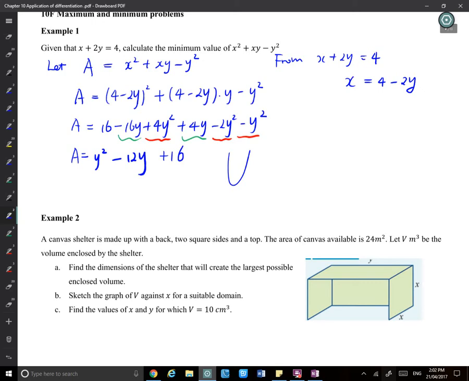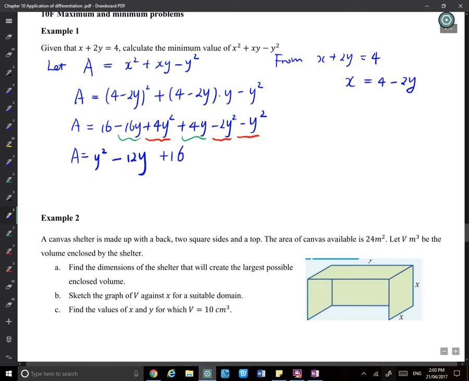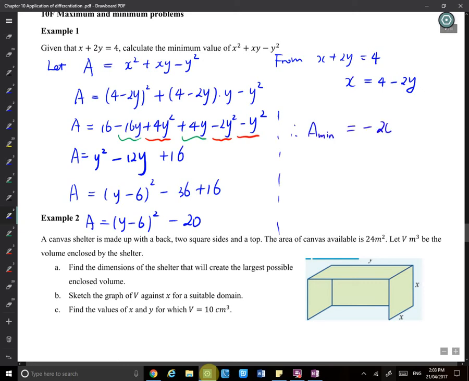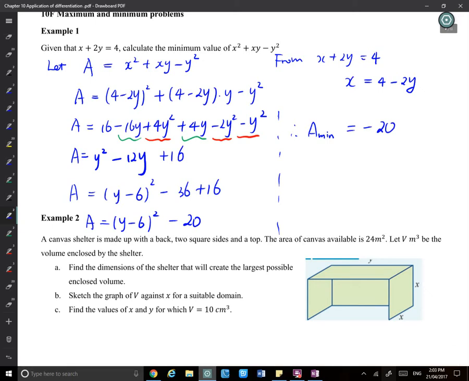Because it's a quadratic, you can predict the shape of the graph, and you know the actual value. So A equals (y minus 6) squared minus 36 plus 16, which is (y minus 6) squared minus 20. So A minimum equals minus 20. When y equals 6, that whole thing gives you a minimum value, which is negative 20.